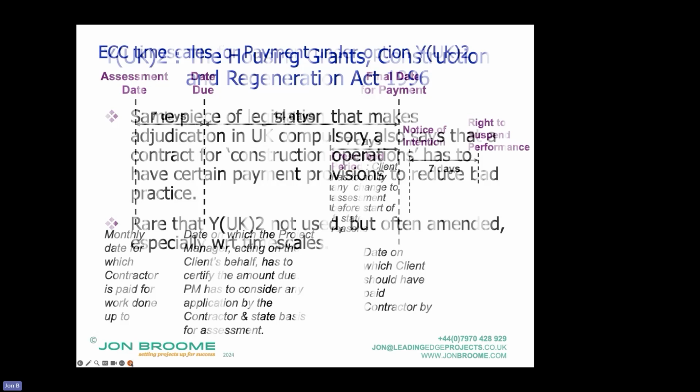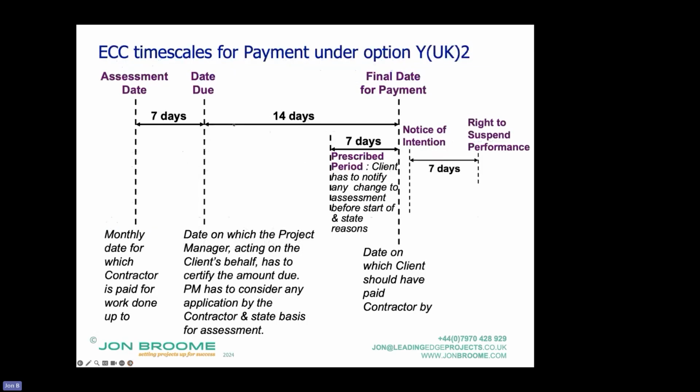So here's my standard diagram. The NEC has an assessment date. This is under options A and B, where activities complete, work done up to it. Under options C, D and E, if we go forwards to the next assessment date, it's the forecast of money they will have spent.